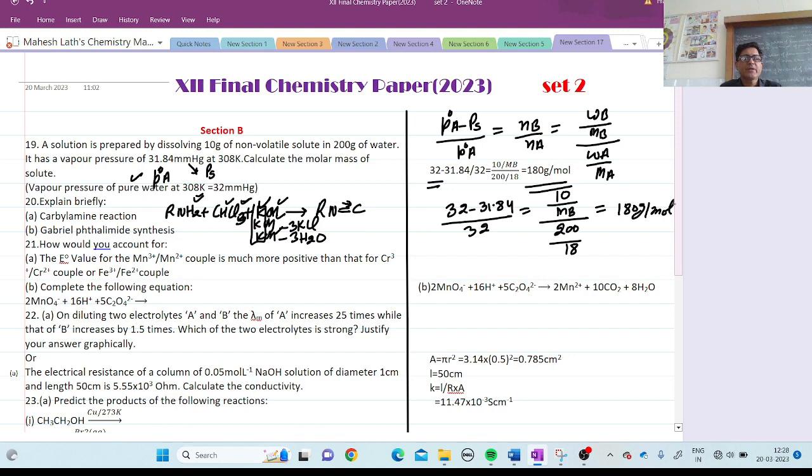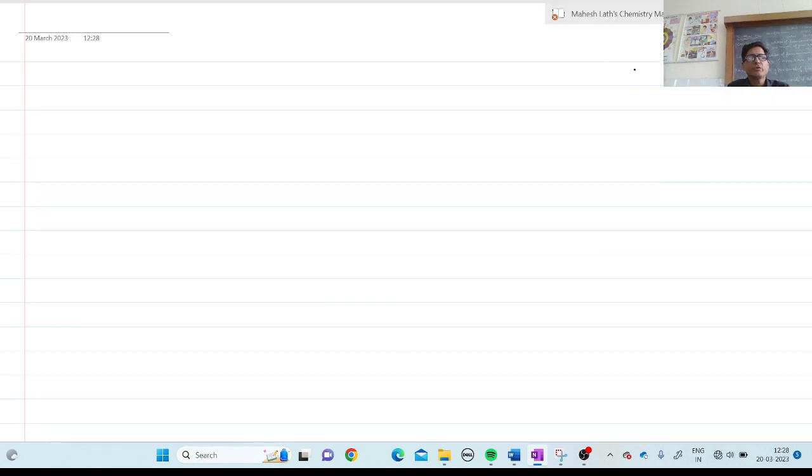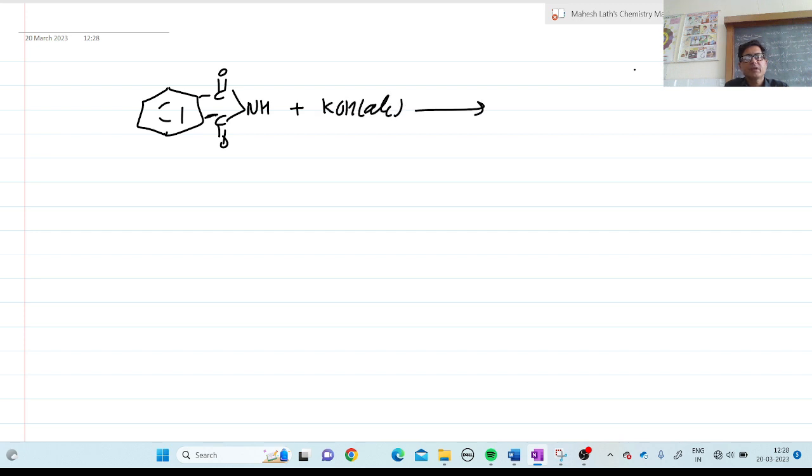Next is Gabriel phthalimide synthesis. So I'm going to explain it on this page. This is the compound called phthalimide. Treat it with alcoholic KOH, hydrogen and OH combine to form water molecule.